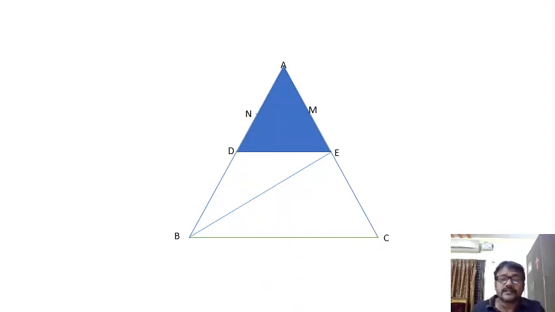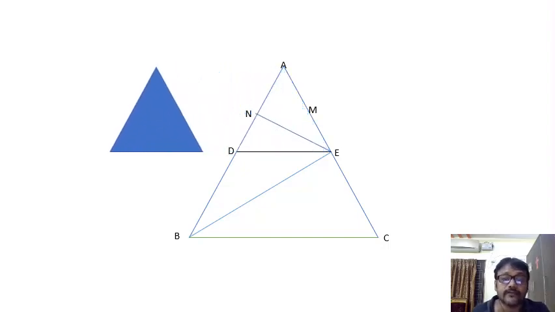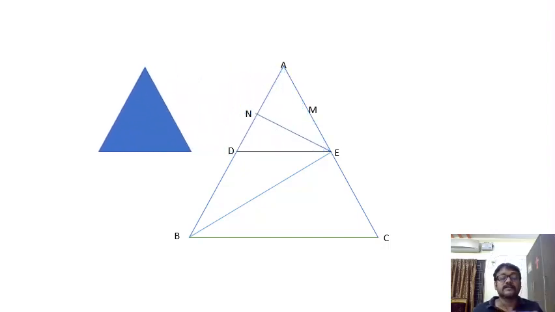So first let us find the area of triangle ADE. For this we need to find a base as well as its corresponding altitude. For triangle ADE, if we take AD as its base, we can take EN as its altitude, can't we? So area of triangle ADE is equal to half AD into EN.